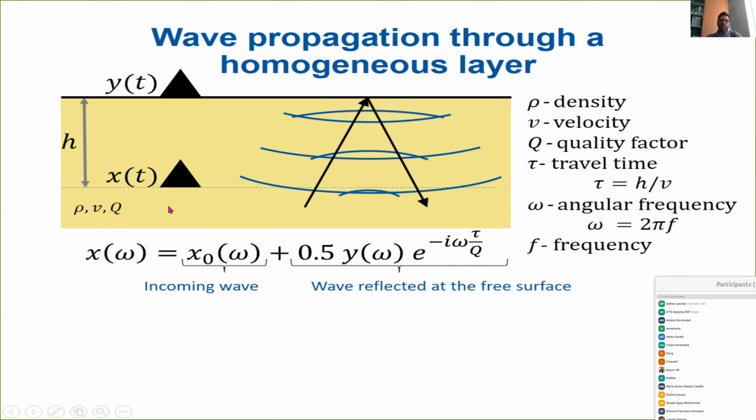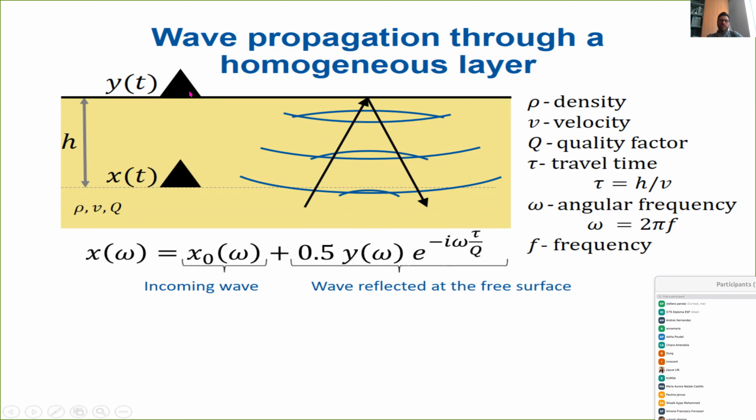And then what I record here will also be the wave that is going up and comes down. So I can describe this as the wave that is recorded at the surface, epsilon of omega. We know that this wave has an amplitude, if we consider shear waves with vertical propagation, which is doubled.